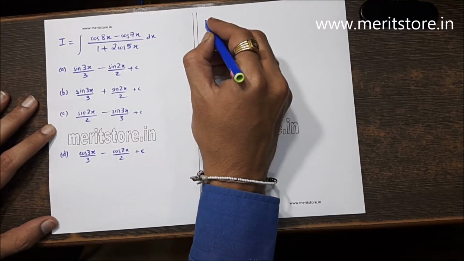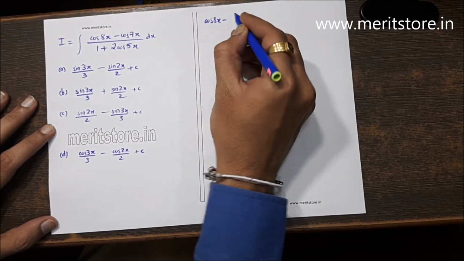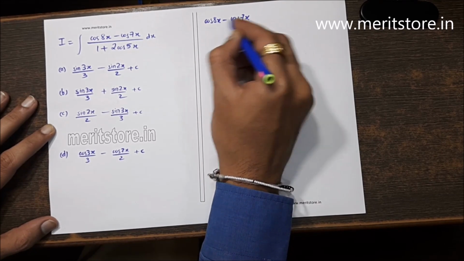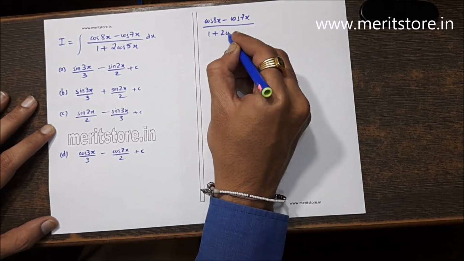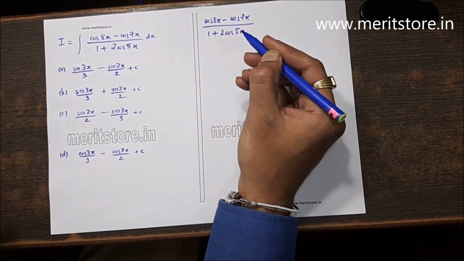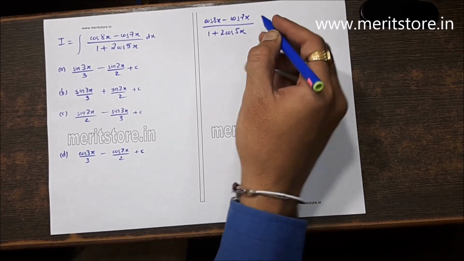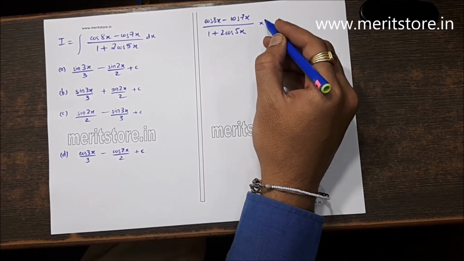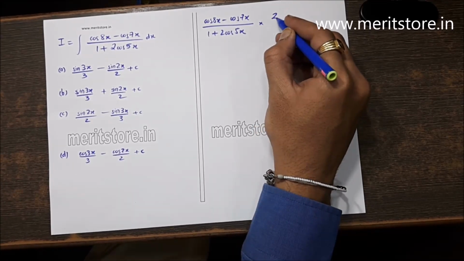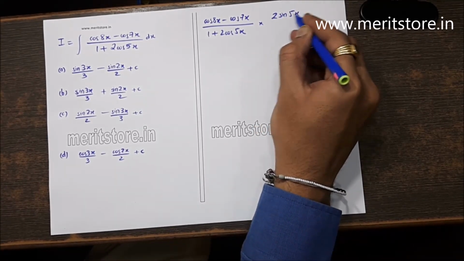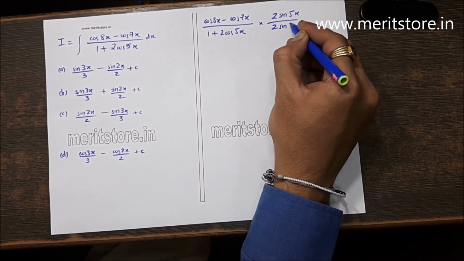Coming to this term of cos 8x minus cos 7x upon 1 plus 2 cos 5x, what we are going to do in this case is we are going to multiply and divide by 2 sin 5x upon 2 sin 5x.